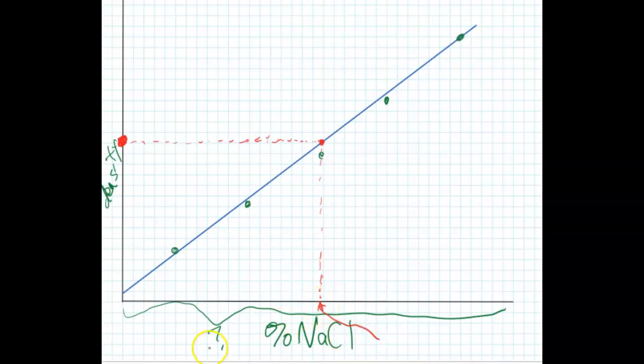So at this point, this is why it's so important that you know what each of these lines mean for your NaCl, because you need to be able to interpret what is that number right there. That's the NaCl percent. So that will give you your answer for part C on the density lab.